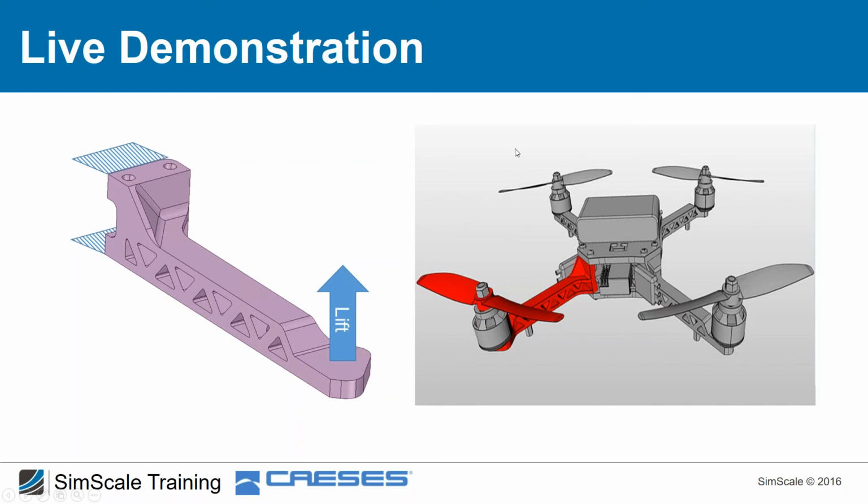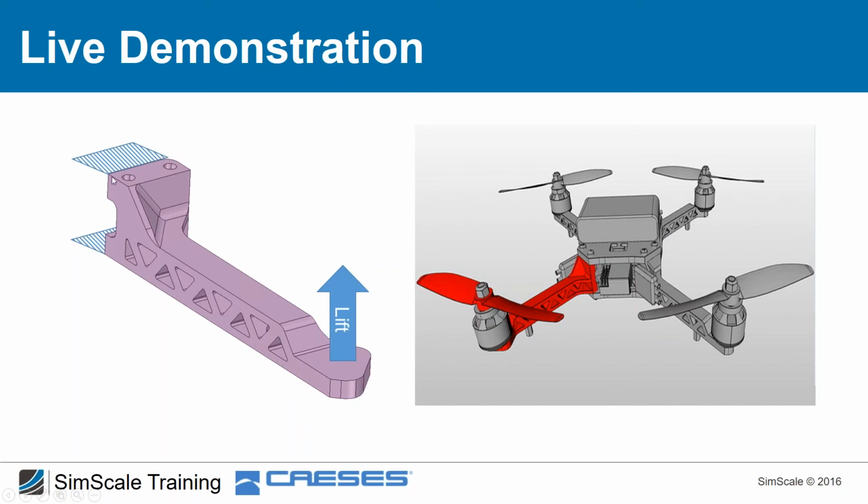You can imagine this should, in the end, be as light as possible and as strong as necessary. Because if it's too strong, it means it has a higher weight, and therefore it will decrease the flight performance of the drone. And we will right now try to answer the question of whether this design is suitable for the drone.